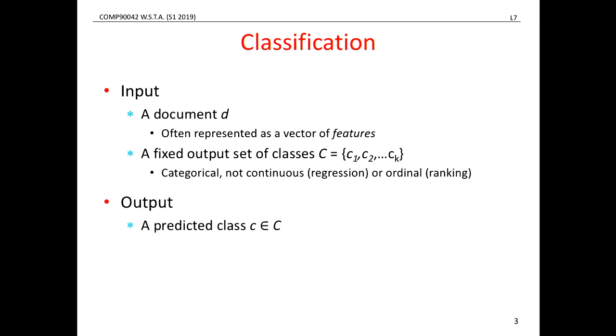So this is not a continuous problem, it's not regression. It's usually not an ordinal problem, although they do sometimes arise. So there's no specific information in the order of class 1, class 2, class 3, class 4, but they might be very different things like politics, sport, and so forth. And so what we want to do is learn a model that can take this input document and extract the useful bits of information from that document, and that's the feature extraction stage.